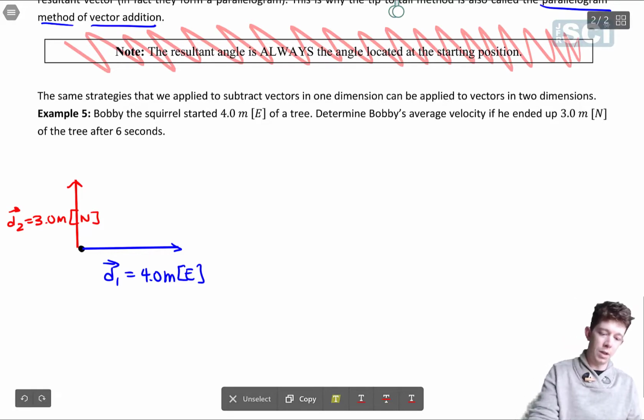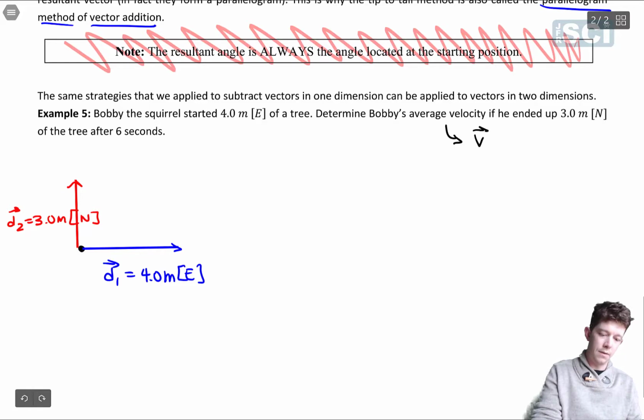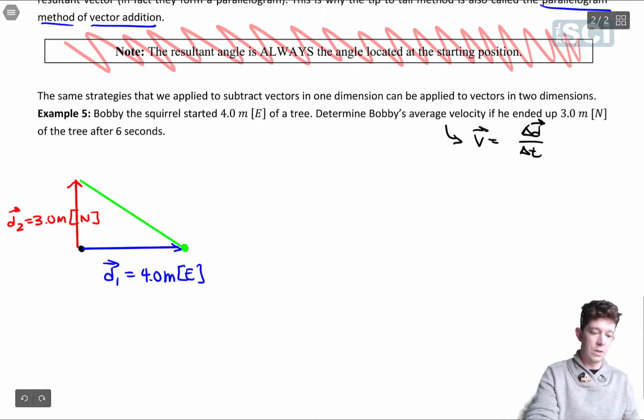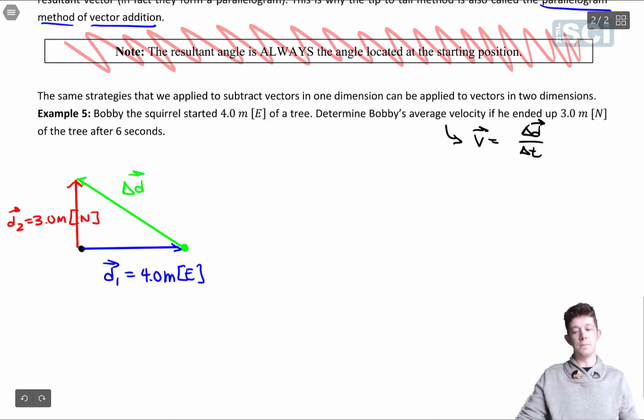Now remember, velocity is displacement divided by time. So I need to find out their total displacement. That is going to be from the starting location, 4 meters east, to their final location, which is from here. So my delta D that I need to determine is this one here.